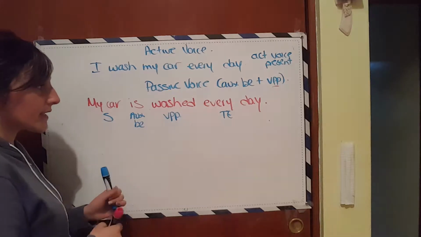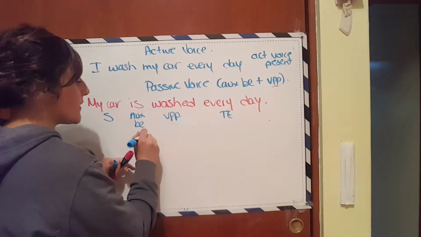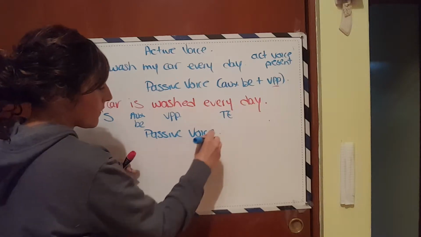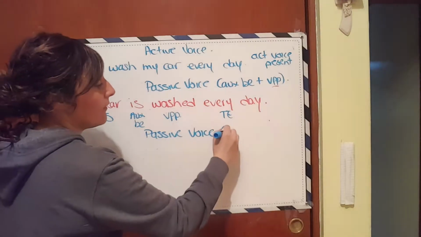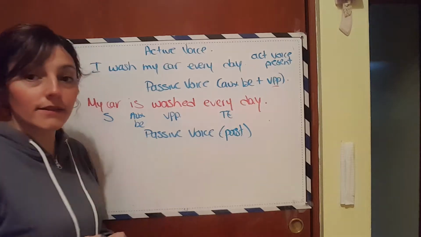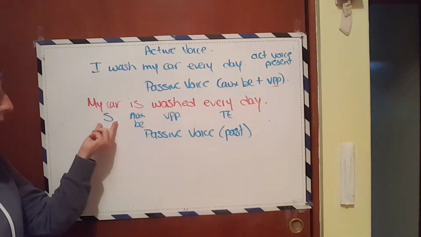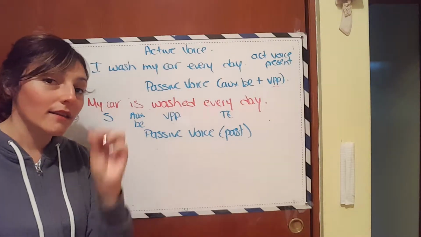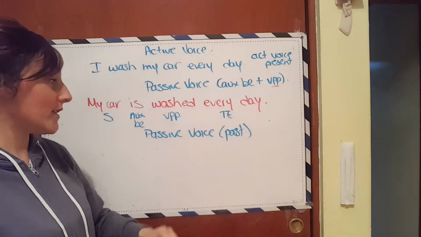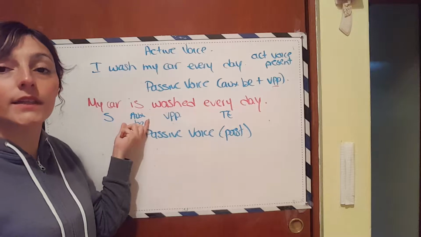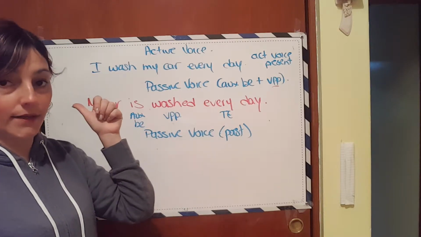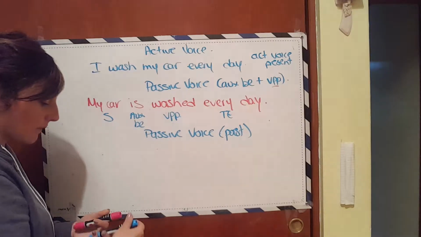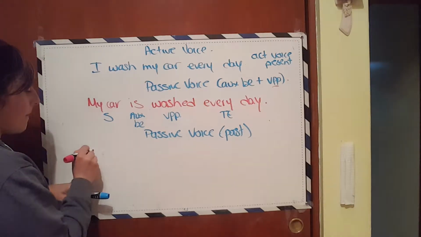Now, let's talk about passive voice in past. Okay. For the passive voice in past, it is exactly the same. We have to use the same elements. The only thing that we are going to do is to conjugate this auxiliary to be in the past. Okay, so following the same, I have my car.